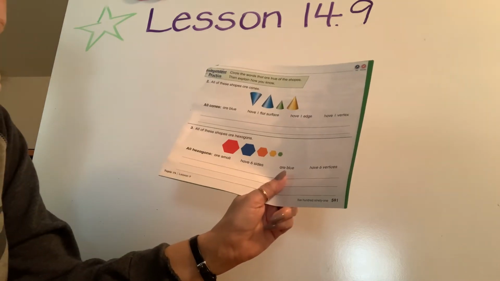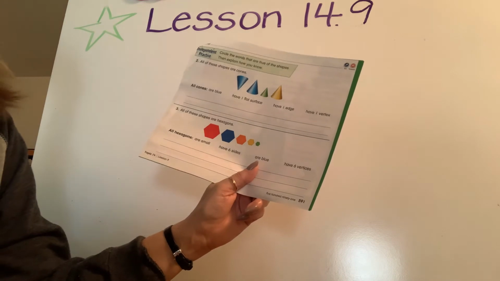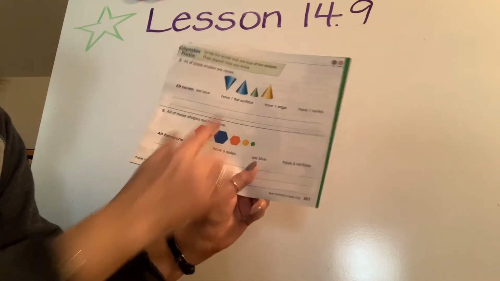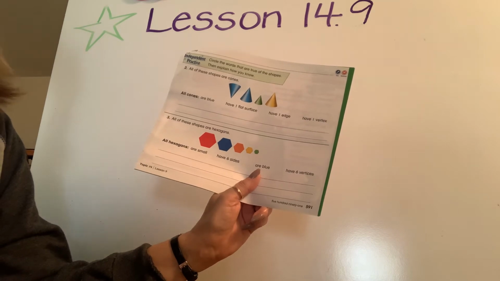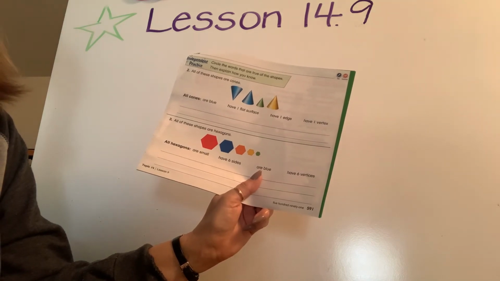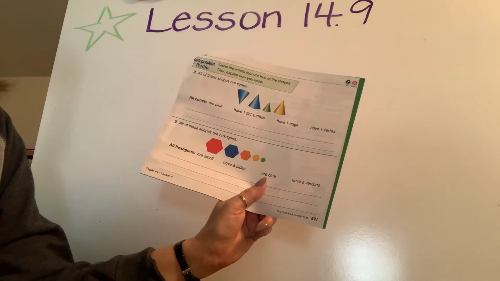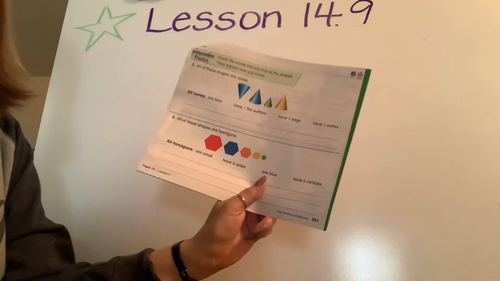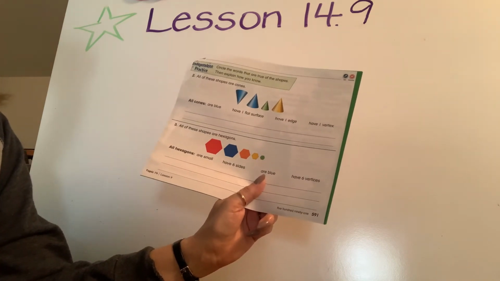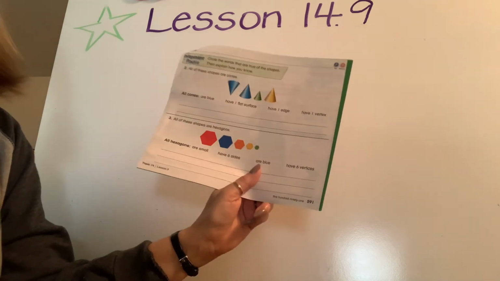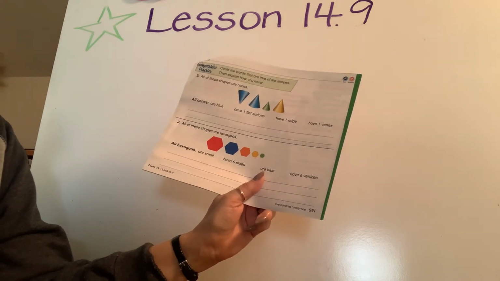Number 2. All of these shapes are cones. And the only reason they're different, somebody turned one upside down, and do you think they have different sizes and shapes? They're all the same shapes, but the sizes are different and the colors are different. All cones are blue? No, that's just silly. All cones have one flat surface. What do you think about that?